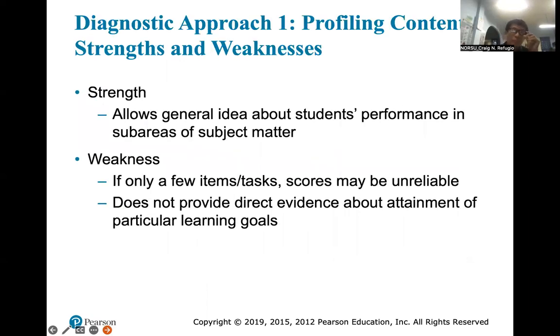We go to diagnostic approach number 1, profiling content strengths and weaknesses. Looking at the strength, it allows a general idea about students' performance in sub-areas of a subject matter or a learning competency. Weakness: if only a few items are tasked, the scores may be unreliable, and it does not provide direct evidence about attainment of particular learning goals or learning competencies.